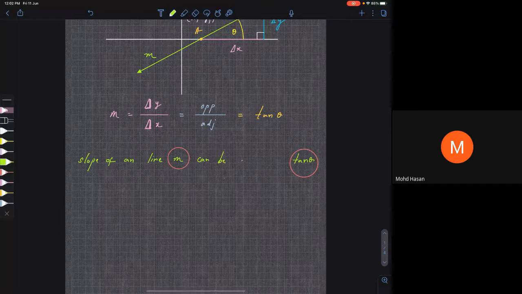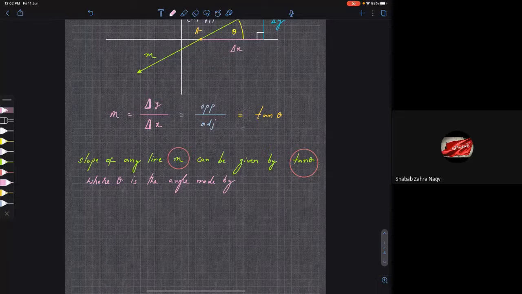The slope of any line, slope M, can be given by tan theta, where theta is the angle made by the line with the positive x-axis in the anti-clockwise direction.